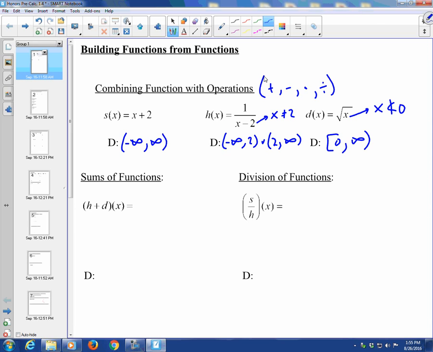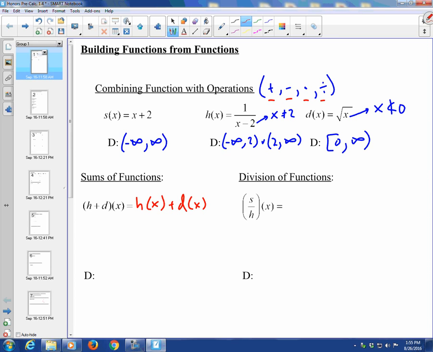When we combine our initial functions with operations, basically what we're doing is just combining the two equations with whatever given operation we're asked to combine the functions with. So if we've got h plus d of x, that's adding the equation h of x plus the equation d of x.